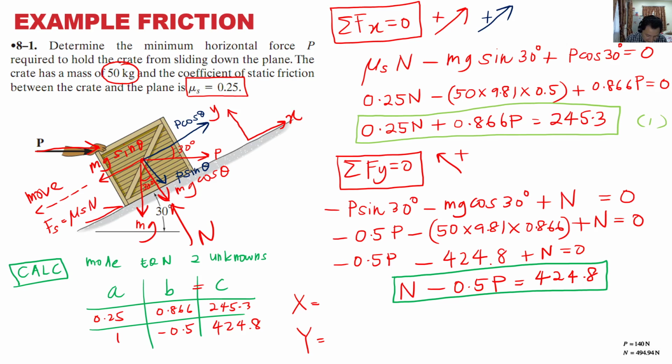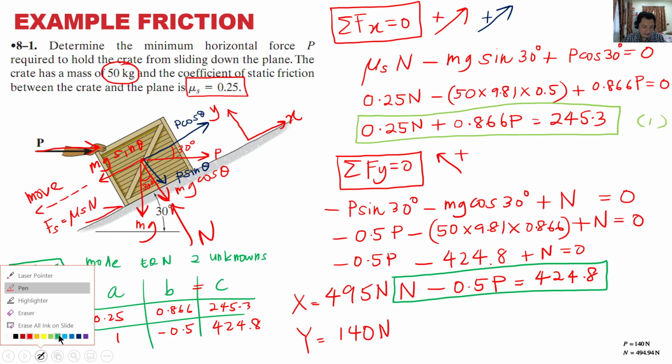So 0.25, 0.866, 245.3, 1, negative 0.5, 424.8. So we get the answer: X equals 495 Newton, Y is 140 Newton.